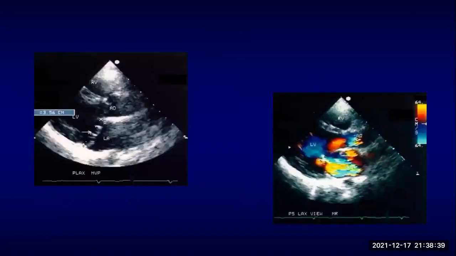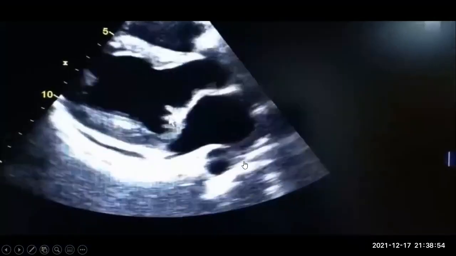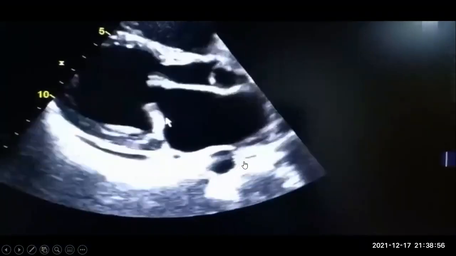Okay, so here you can see a mitral valve prolapse with a mitral valve disjunction, okay, and a severe mitral regurgitation. This is a case I saw today.